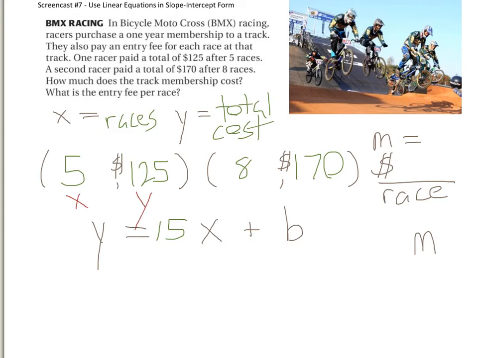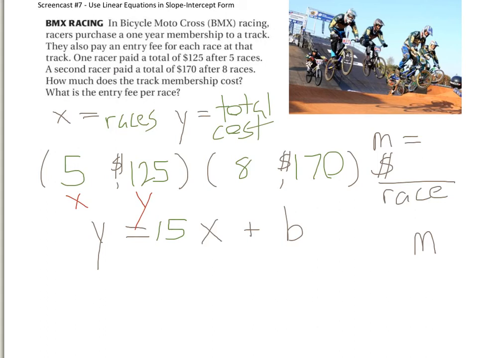That looks more like a y. I'm going to go ahead and choose this first ordered pair, 5, 125, because we could have chosen 8 and 170, but as we all know, our brains are cognitive misers, and we prefer smaller numbers. We would still have gotten the same answer had we chosen 8, 170, all right? So don't think, oh, which one do I choose? You can choose either of them. I'm choosing 5, 125 because, well, you know, smaller numbers.